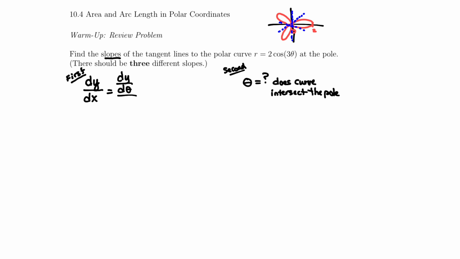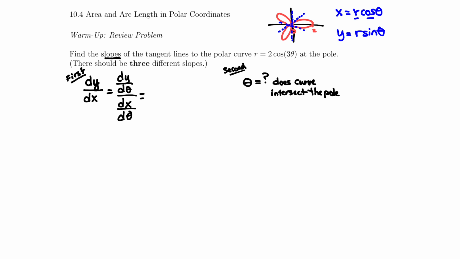We said to get dy dx, we took dy d theta divided by dx d theta, and we came up with this big, huge formula, remember? Because we have 2 conversion factors, x equals r cos theta, y equals r sine theta. And so last time we said, okay, r is a function of theta.